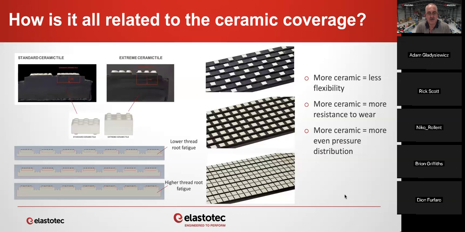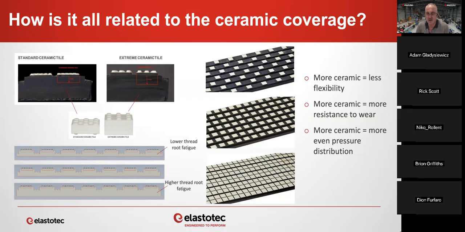So just general principles. More ceramic means that the lagging is less flexible, but more ceramic does make the lagging more resistant to wear. And then, for example, in the 80%, which you can see at the bottom, having more ceramic means that you can distribute the pressure more evenly.